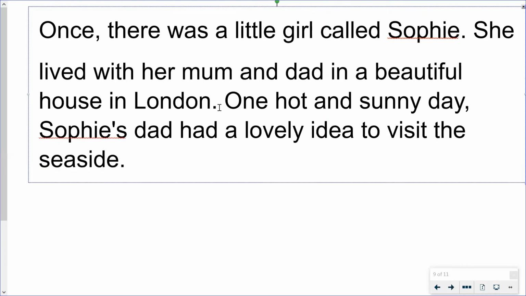Then the next sentence that I would like to write is they wore the swimming suits, packed some food for the picnic, and jumped in the car. So let's write that together.